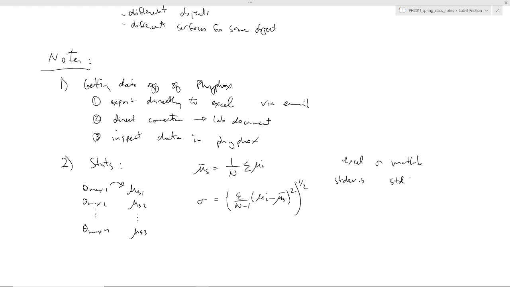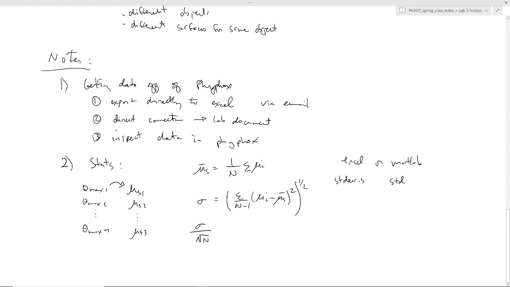And the one detail that I wanted to mention is the standard deviation. Talking to students, it sounded like most were familiar with standard deviation, but what we're going to use to report as our error is the standard deviation of the mean, which is you take the standard deviation and divide by the square root of the number of measurements that you take.